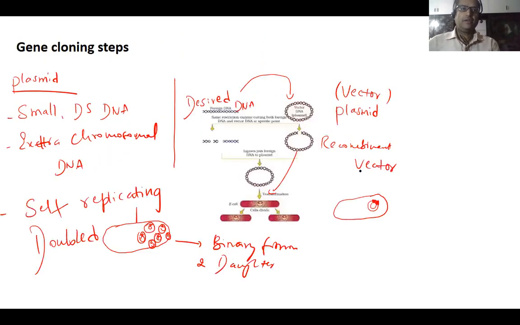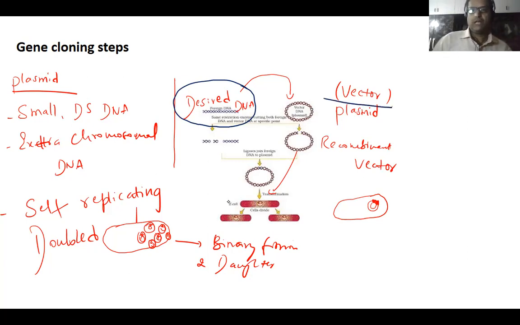Now, next, we are talking about the gene cloning steps. In the gene cloning steps, first we have to select the desired gene. The desired gene, or foreign DNA, has to be taken from the host of interest that we have to isolate. That interested gene has to be taken and then inserted into a vector.